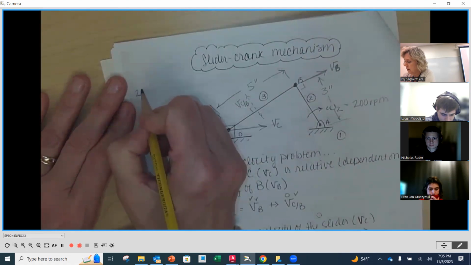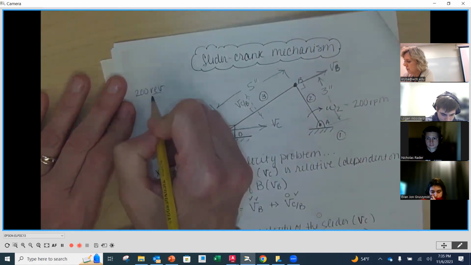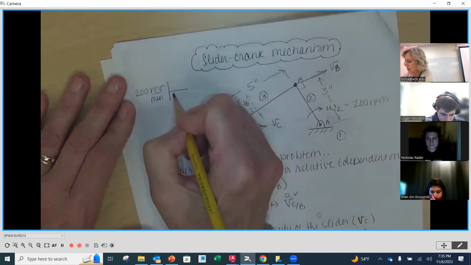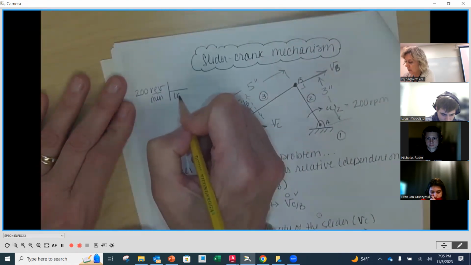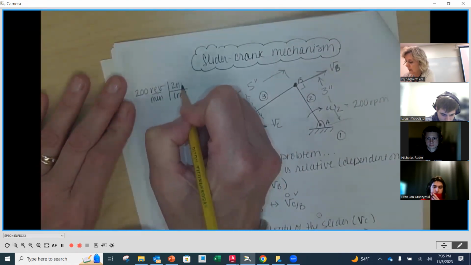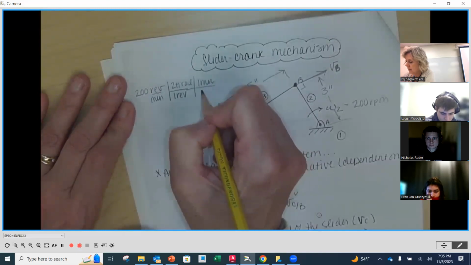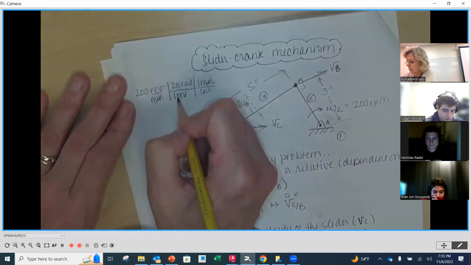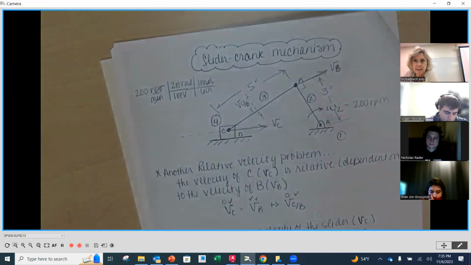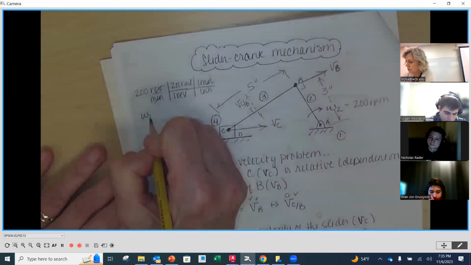I'm going to say 200 revolutions per minute. Convert that to radians per second. 1 revolution here, 2 pi radians. And then 1 minute on top, 60 seconds on the bottom. Revolutions and minutes cancel out. We're left with radians per second here.